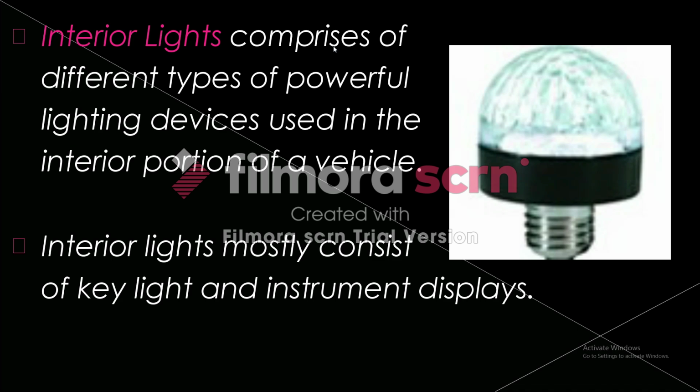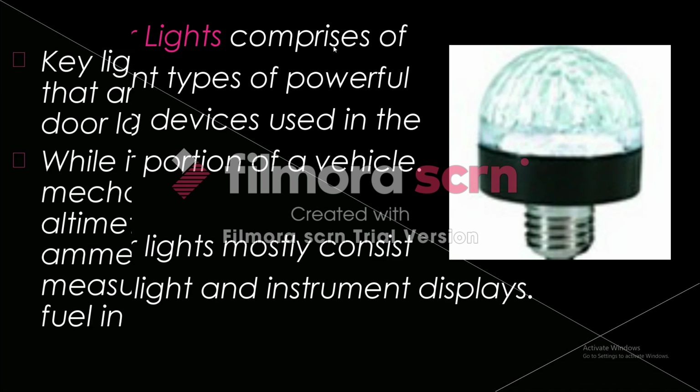Interior lights. Interior lights comprise different types of powerful lighting devices used in the interior portion of a vehicle. Interior lights mostly consist of a key light and instrument displays.